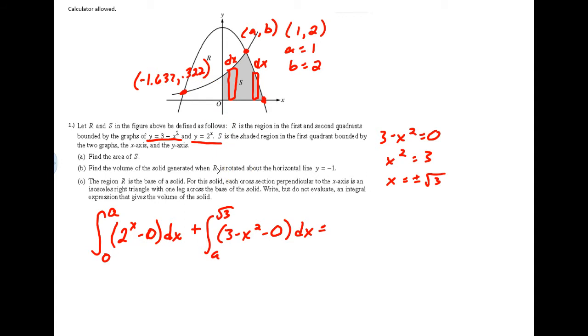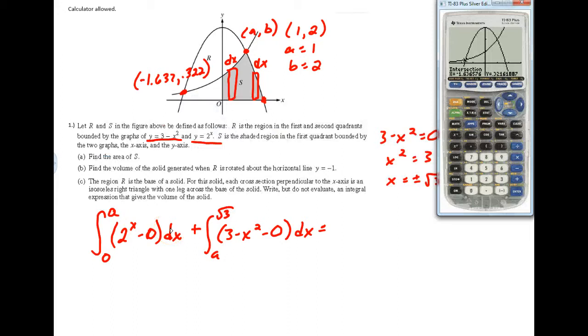So what is this calculation? Let's go back to our calculator. We want to type in the integral: math number 9. The function is 2 to the x, with respect to x, from 0 to 1.